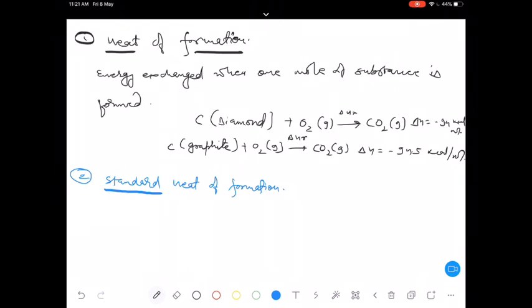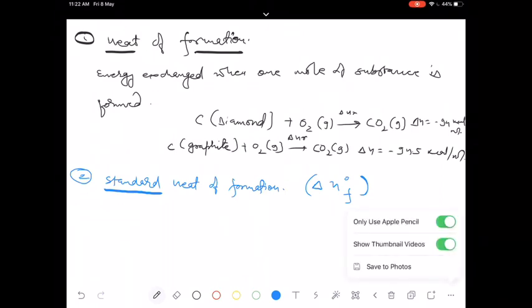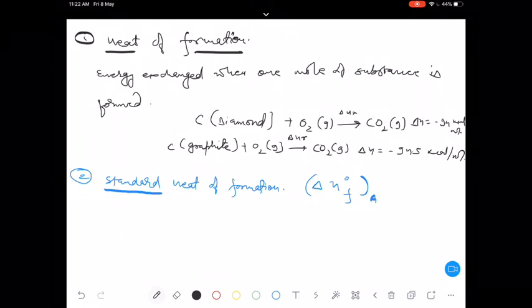It is again denoted by the symbol delta H naught formation, followed by a particular compound, let's say A. The units of standard heat of formation or standard enthalpy of formation will be kilojoule per mole or kilocalorie per mole or joule per mole, like that.